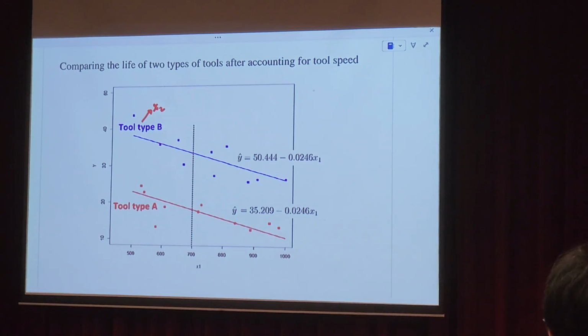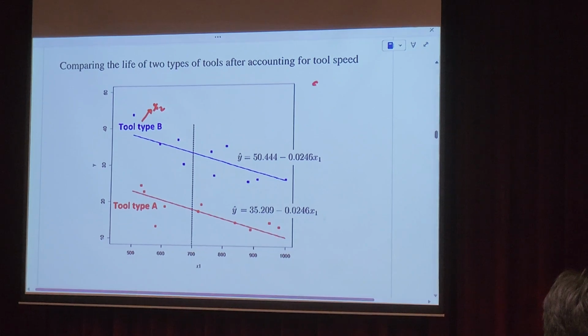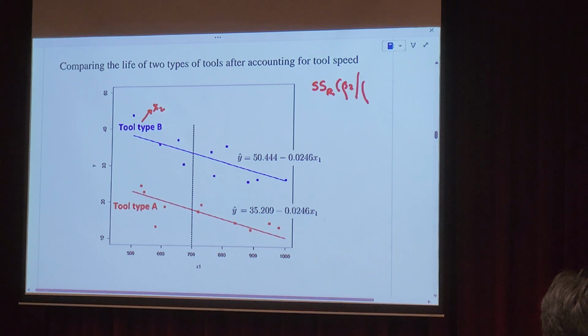We are interested in the lifetime of these two types. We're going to compare them so that whichever lasts longer, we'll buy it. So in a way, we want to test beta 2 given beta naught.